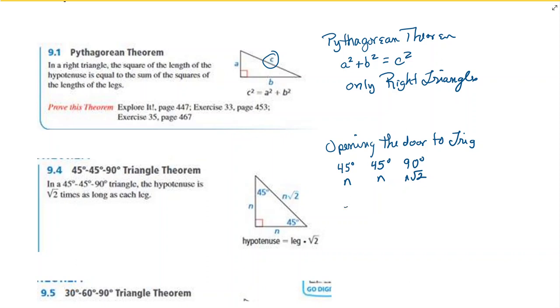So this is an easy way of finding exact values. Very little math and works really nice.